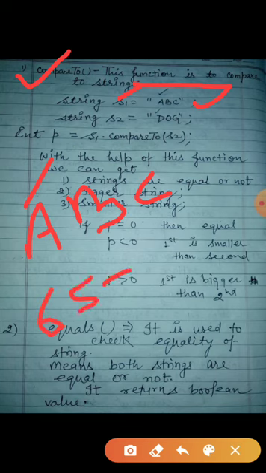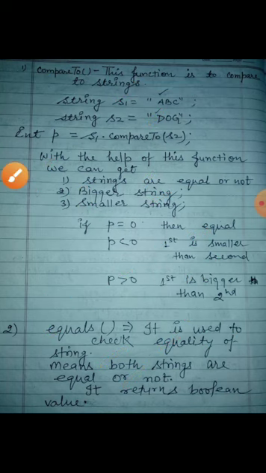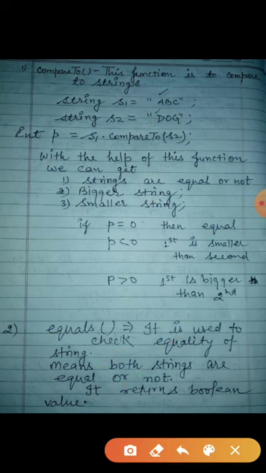Minus. Now the computer will take the second string's first character's ASCII value, which means D. The ASCII value of D is what? 68. Now what will be the answer here? Minus 3. This minus 3 will go in P.